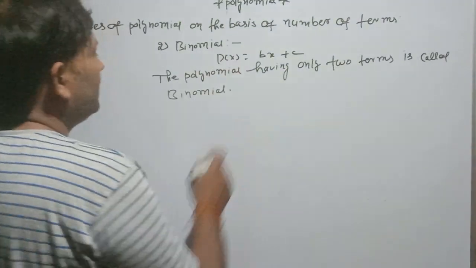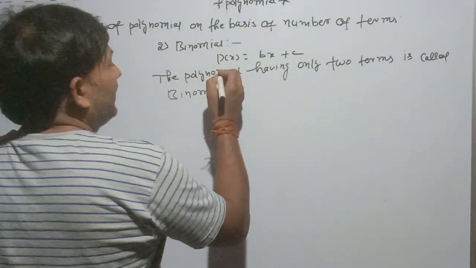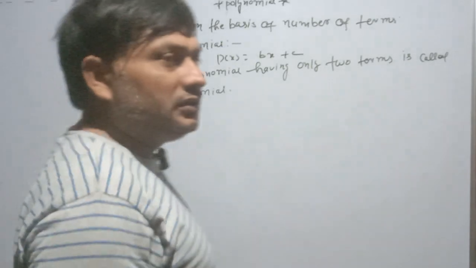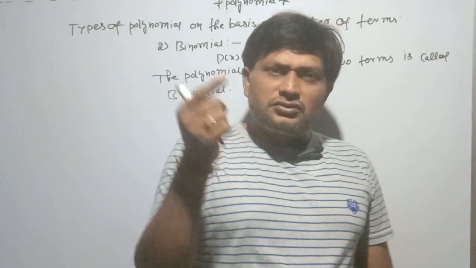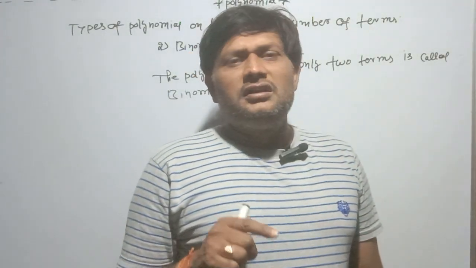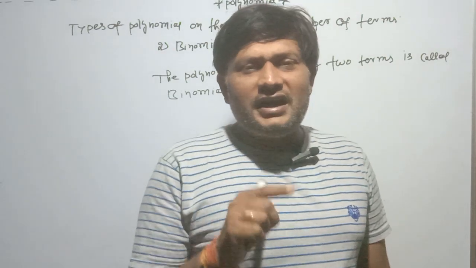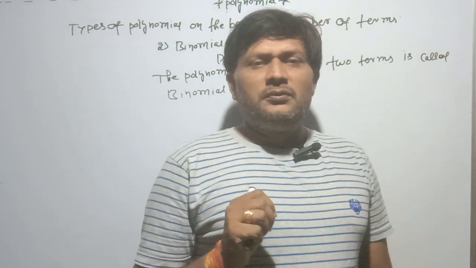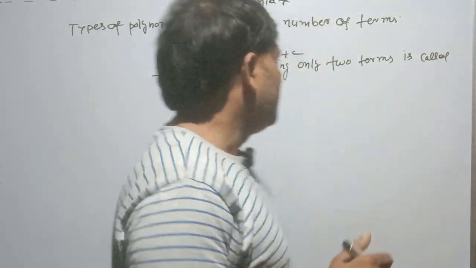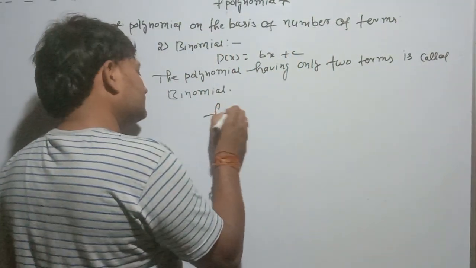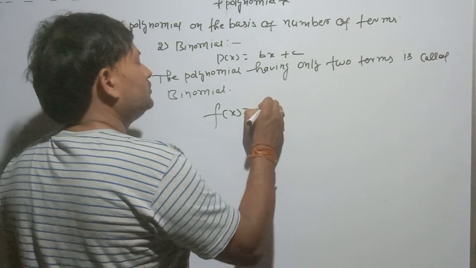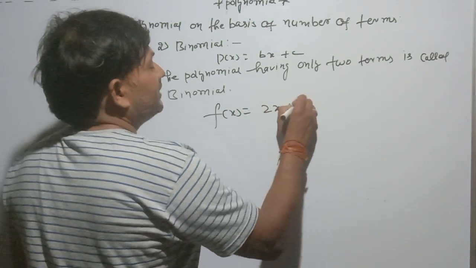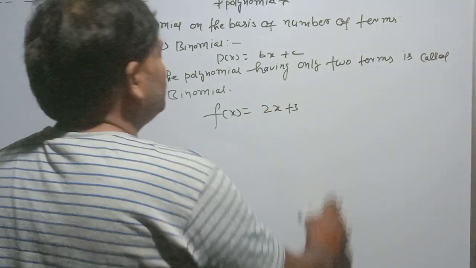You have seen that this binomial is also a polynomial. Monomial is also a polynomial, but we will study it as a polynomial in terms of 2. For example, f(x) = 2x plus 3 is an example of a polynomial.